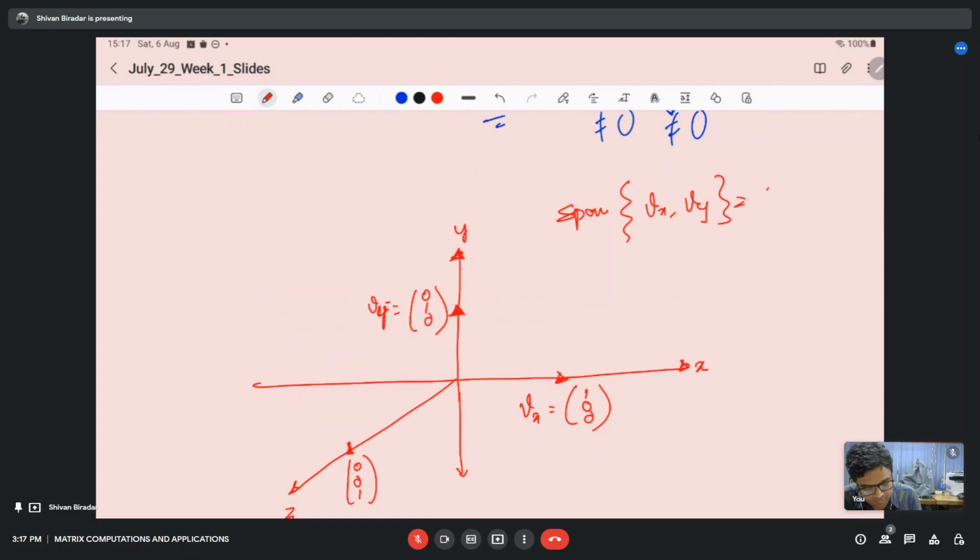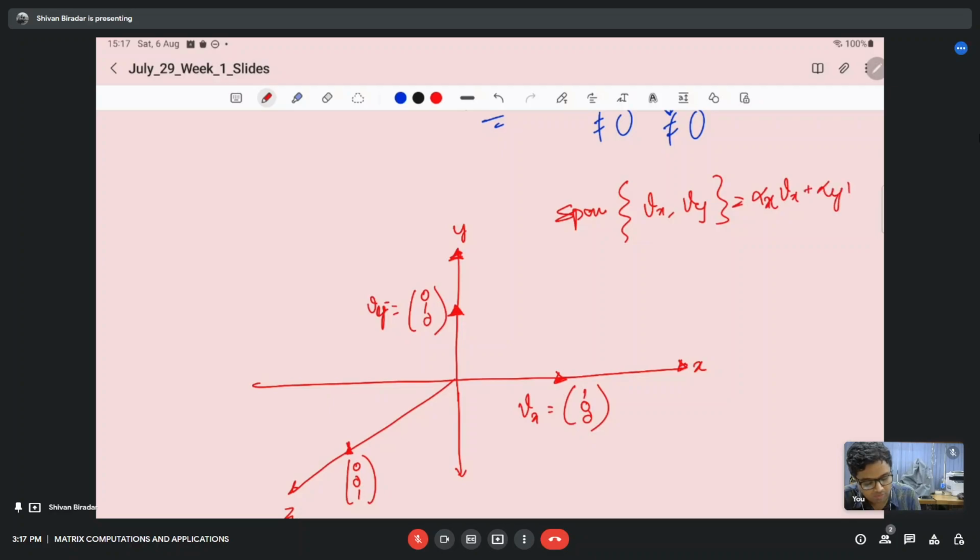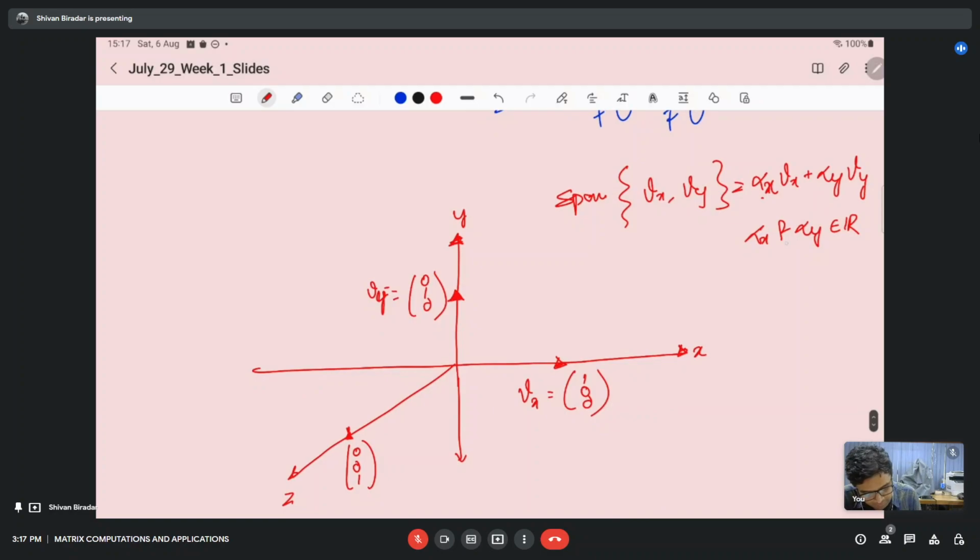This means alpha x Vx plus alpha y Vy, where alpha x and alpha y belong to the set of real numbers. If I multiply this vector Vx by a constant and multiply Vy by alpha and add these two vectors, then I'll generate a new vector here.